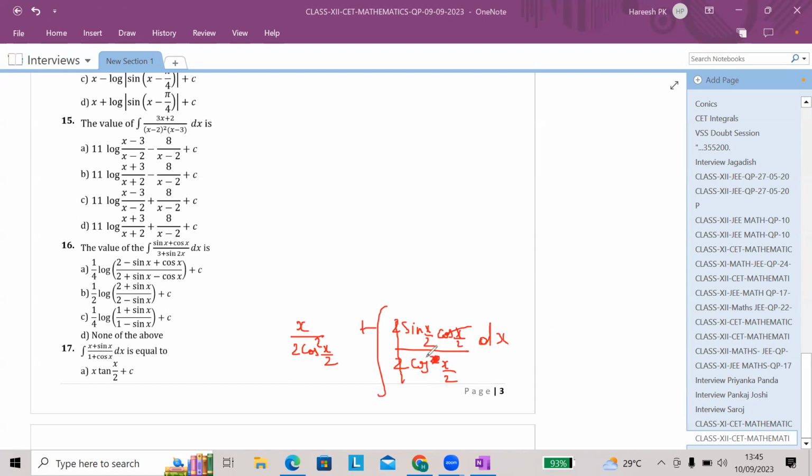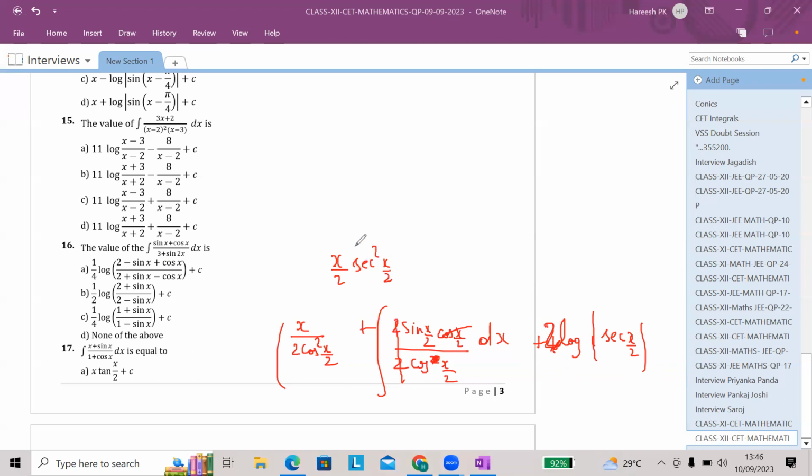This is like tan x by 2, which will give me log mod secant x by 2 by half. So it will give me 2 log secant x by 2. And here x by 2 secant square x by 2.